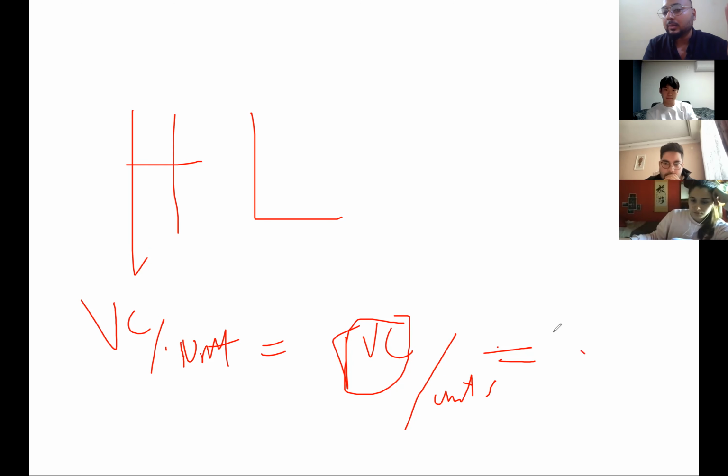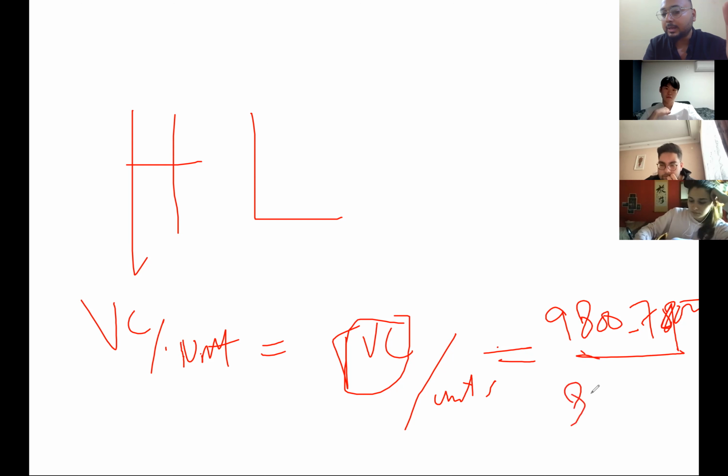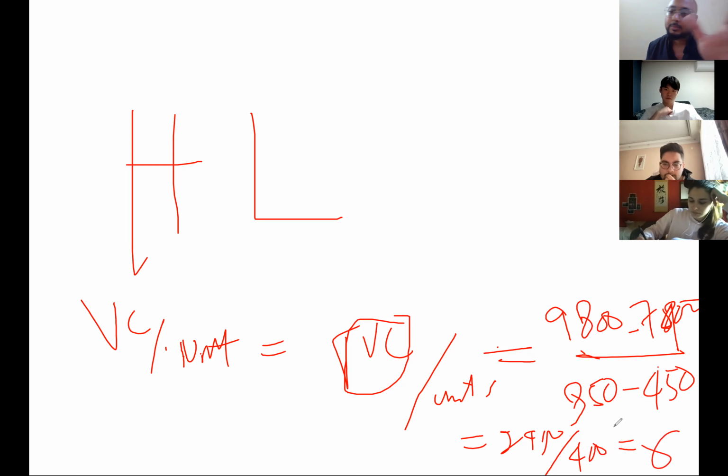So highest cost gives you 9,800 minus 7,400, right? Divided by highest units minus lowest units. It's going to give you 2,400 divided by 400. Answer would be 6, right?